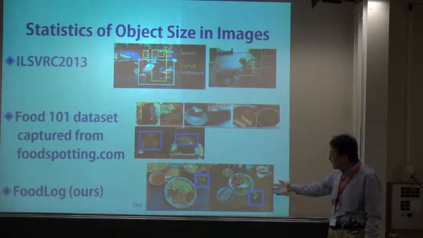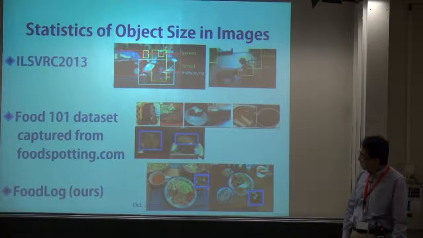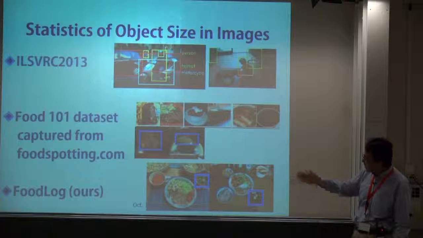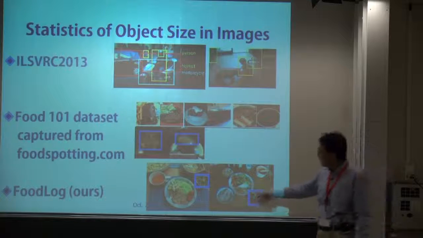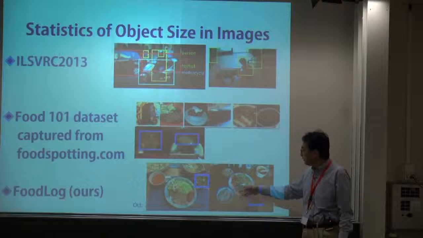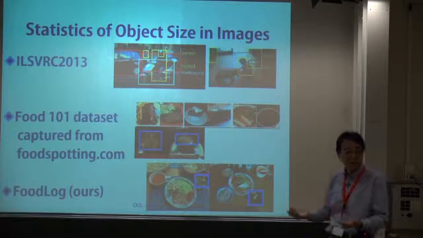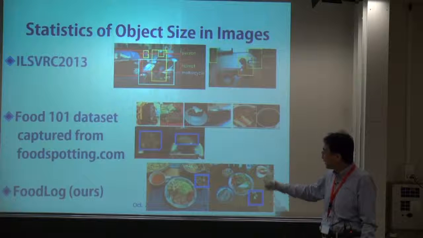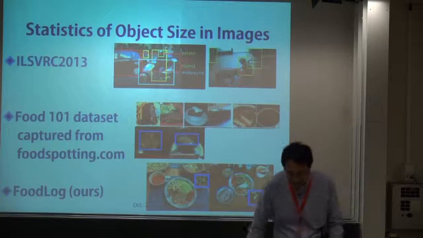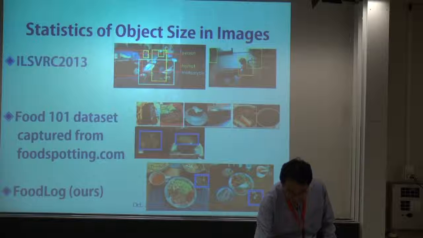On the other hand, our data looks like this. It can be at a different angle, but the food is put on a table. In order to take a picture with less effort, people use this type of picture very often.